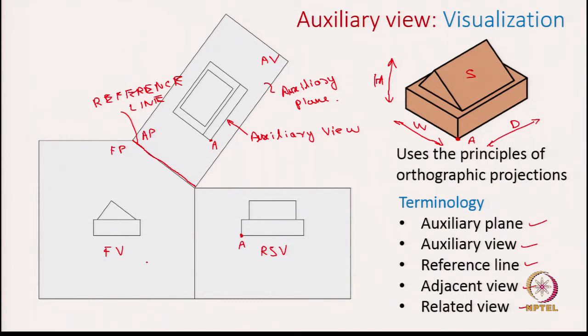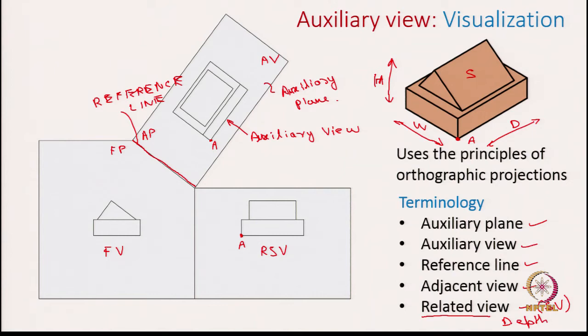For example, what does the front view and the side view capture? They both capture the height. Similarly, if you are now looking at what does the auxiliary view and the side view capture, if you notice carefully, the depth is what is captured in both the auxiliary view as well as the side view. In fact, even the top view captures the depth. So, that is what you get from the related view. So, in this example, the related view is your side view from which you capture the depth.